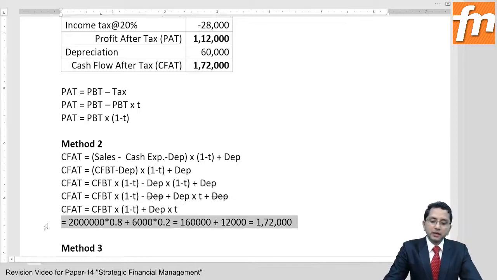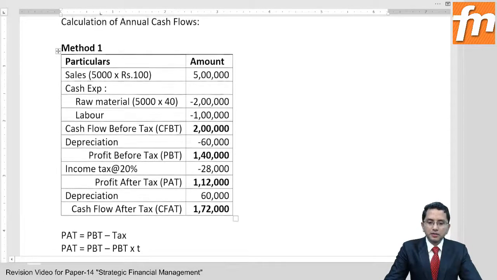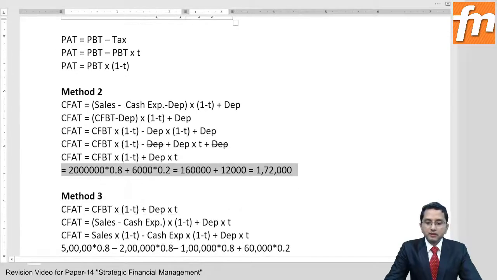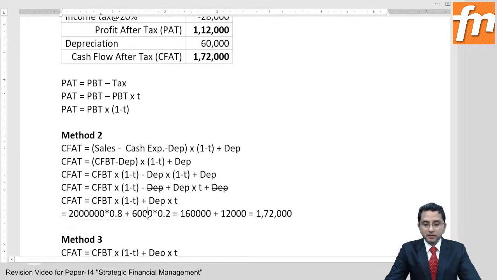In the above example, your CFBT was 2 lakh, right? So you take 2 lakh multiplied by 1 minus tax rate, 20% is tax. So it's 80%. Plus depreciation, which is 60,000, typing error, multiplied by tax rate. 2 lakh after tax is 160.